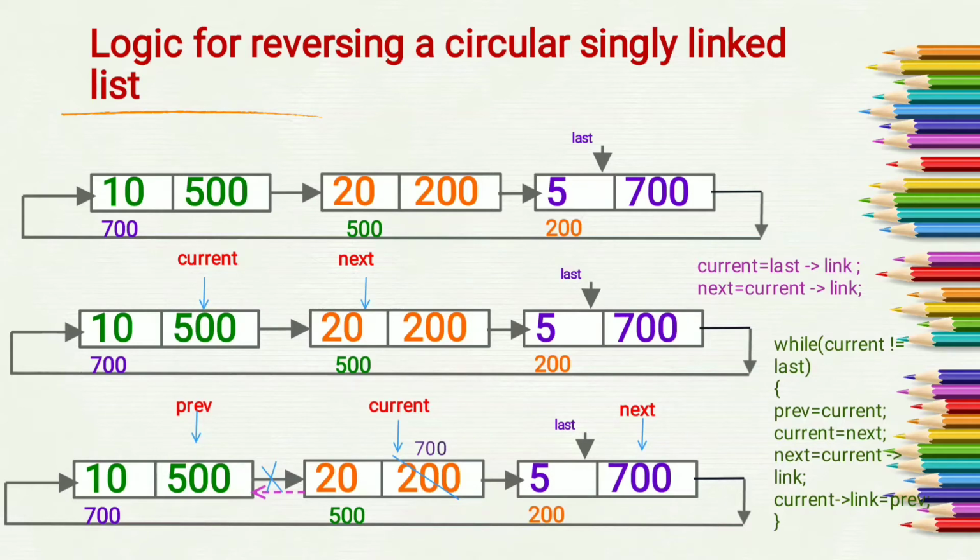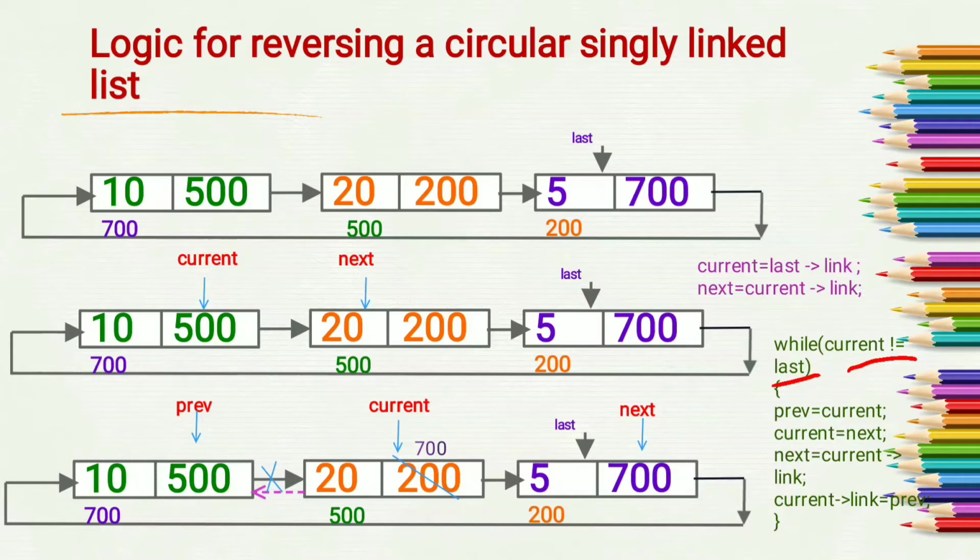So current is pointing to this node and next is pointing to the node which is next to current. As this is the first node of the linked list and it will become the last node of the circular singly linked list after reversing, we have to change the address of this node by the address of the first node of the reversed circular singly linked list. Initially we will not change the link part of this first node, so we leave this node and change all the nodes other than the first node.